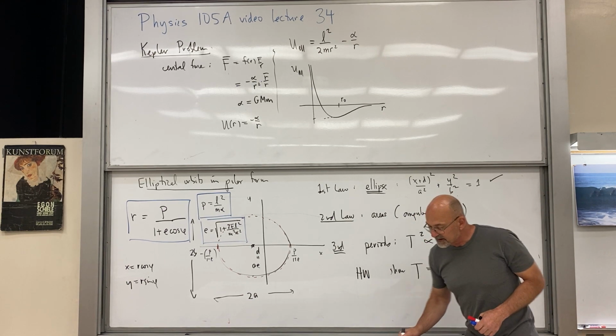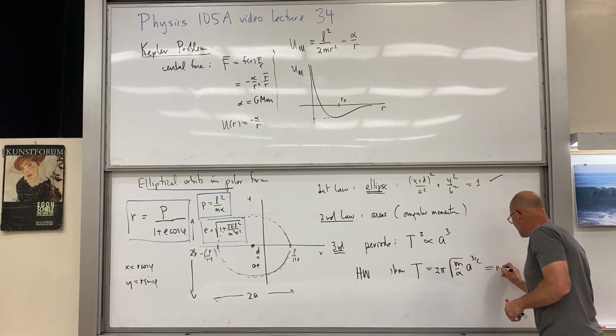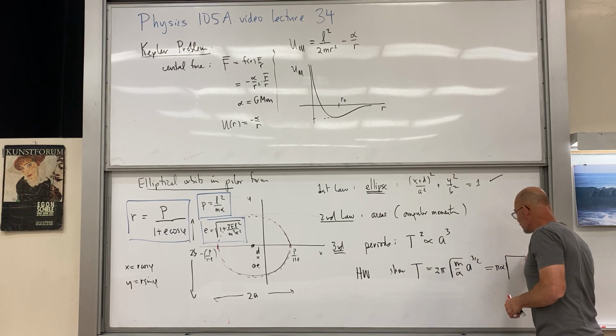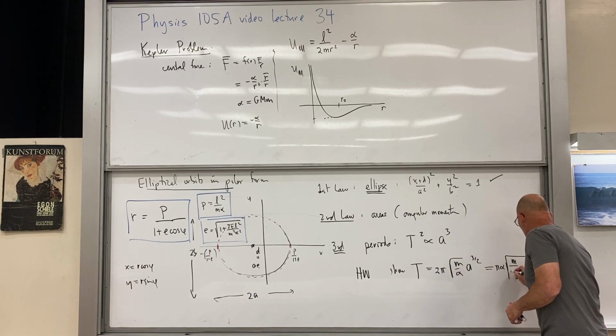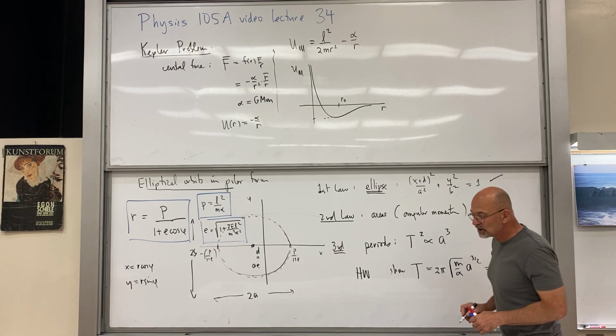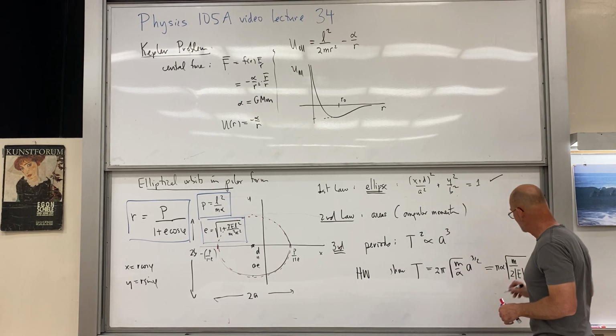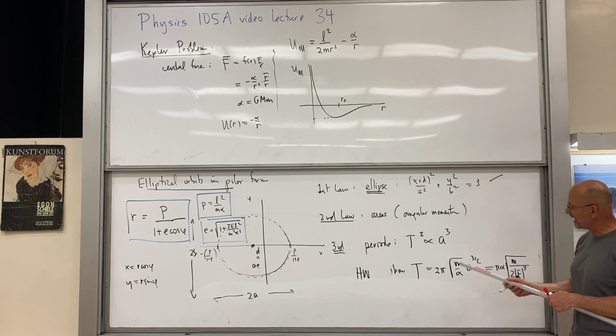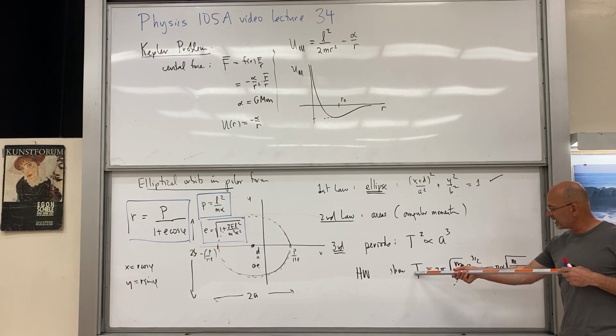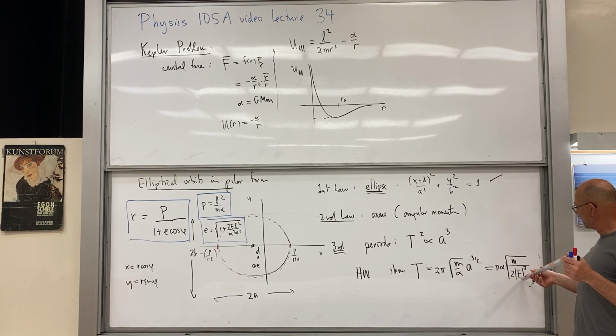You can show that it is pi alpha over the root of m over 2 magnitude of E cubed. Okay. This is interesting because it shows the dependence of the period on the energy.